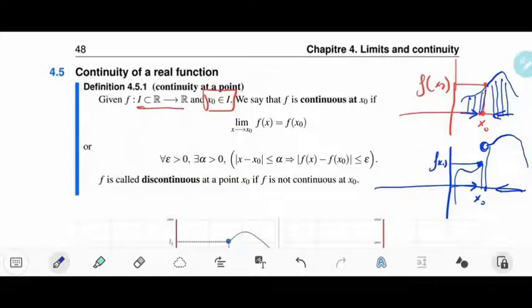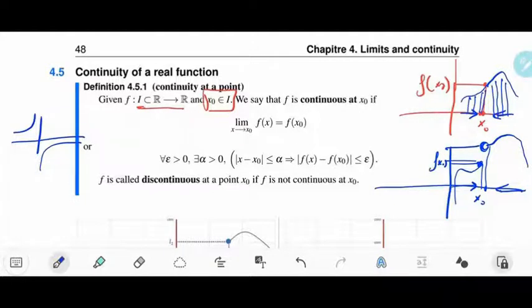And you have this jump between f of x0 and the image of any number on the right of x0, even if it's very close to x0. For example, if I take the function 1 over x, can we say that it's discontinuous at 0? Or can we say that the function overall is not continuous because it has two parts?